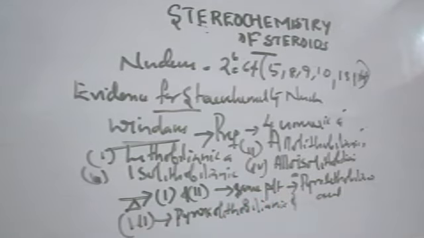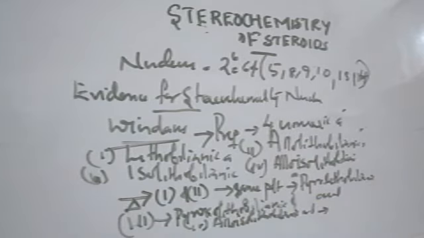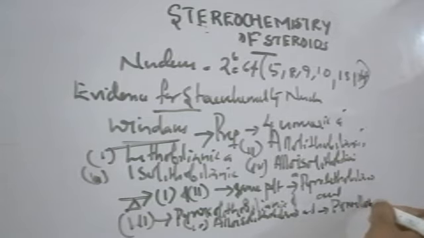And the fourth one, alloisolithobilianic acid, when heated will give pyroalloisolithobilianic acid.